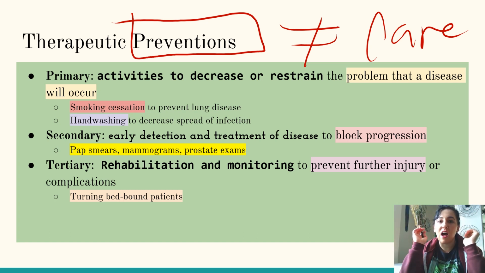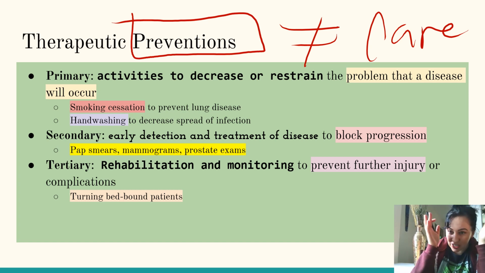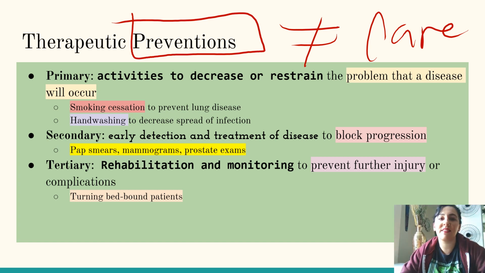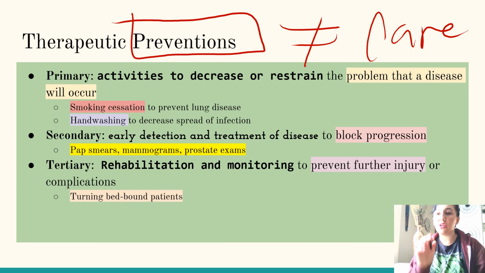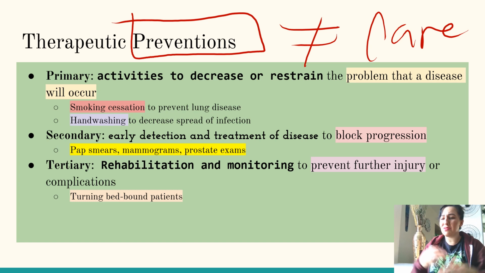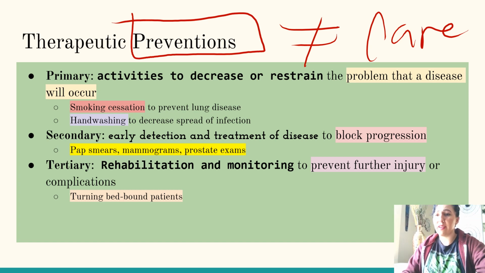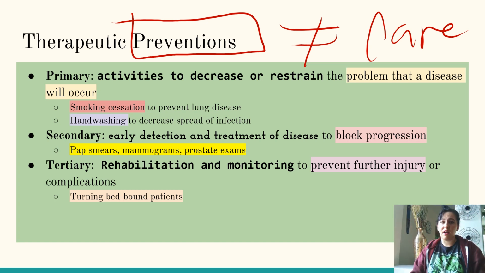So anyway, primary prevention: these are activities that you do to decrease or restrain the chance that a problem or a disease will occur. So this is you taking action to make sure you don't even get the disease. Like right now, we have the coronavirus going around.